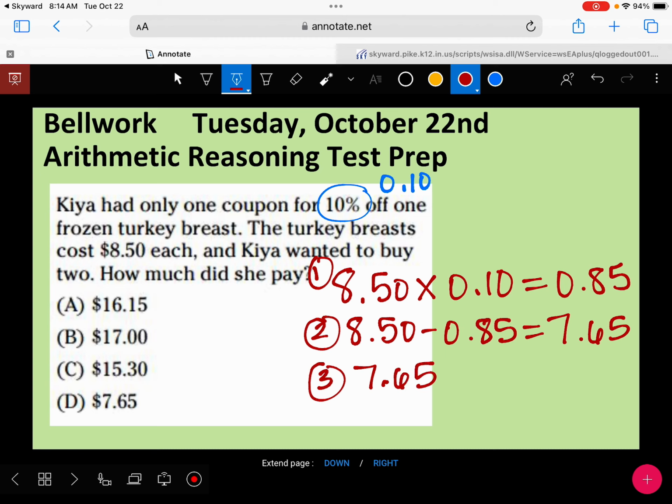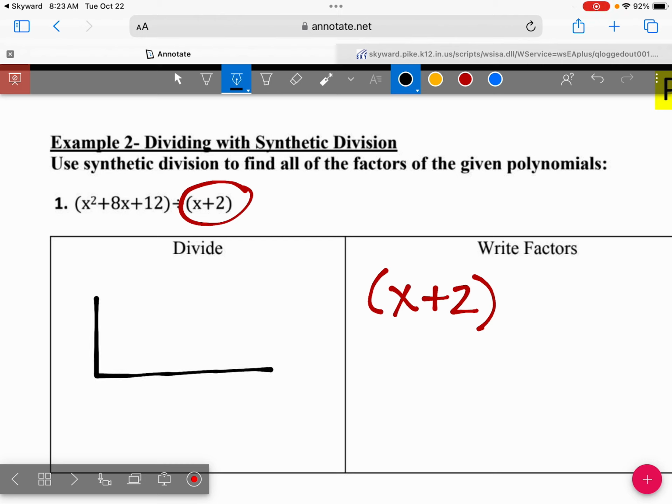All right, so let's go ahead and set it up. First of all, this is our first factor that they gave us. So I'm going to write that over here. To find our second factor, we need to do synthetic division. So let's flip our division sign upside down so it's an L. Set that factor equal to 0.